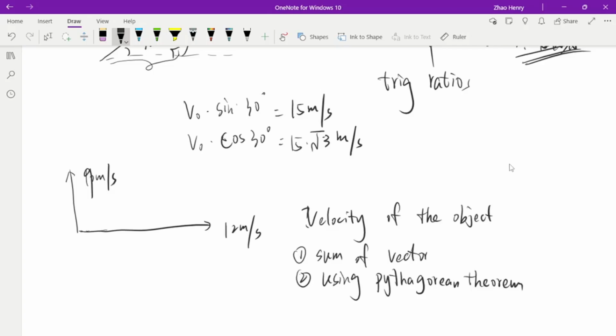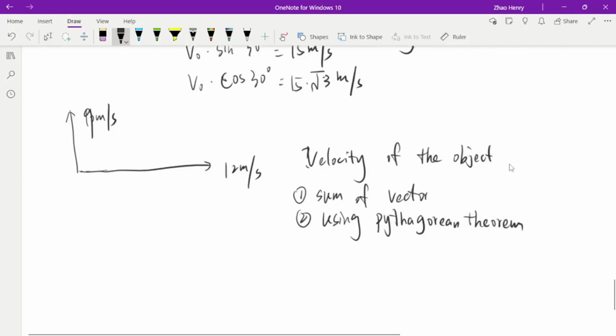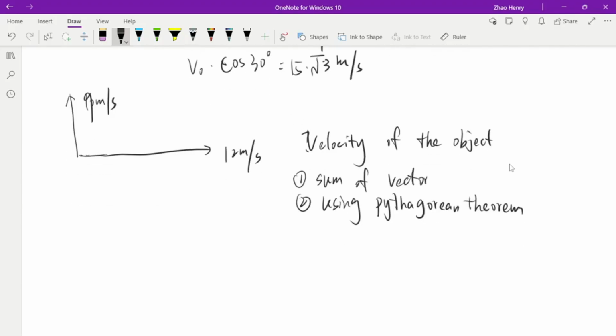So how can we calculate the sum of vectors in this situation? This is 12 meters per second horizontally. Let's move this 9 meters per second vector to this position, because vectors can move parallelly.